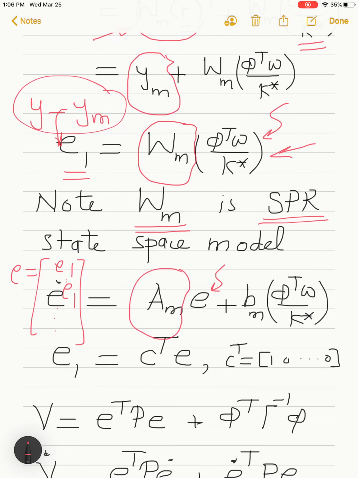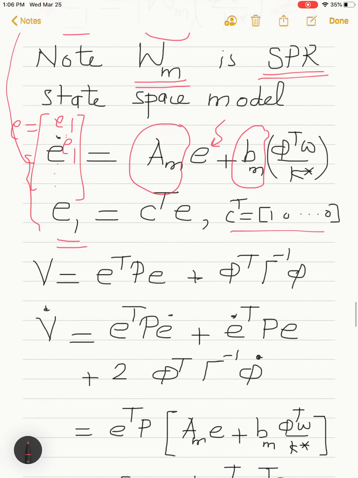AM would be in the controllable form, and some gain matrix BM, and the C vector would be 1 and then zeros. If you multiply that by the vector E, you will get E1. So this state space representation corresponds to the input-output relation that represents the relation between the error and the input phi transpose omega divided by k star.